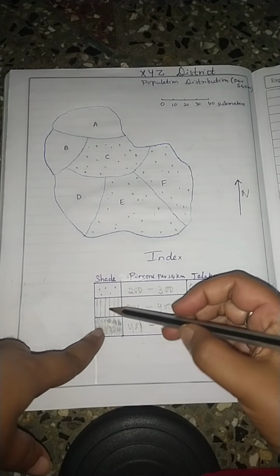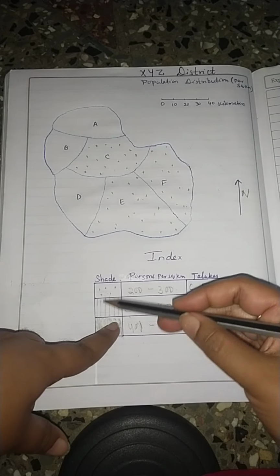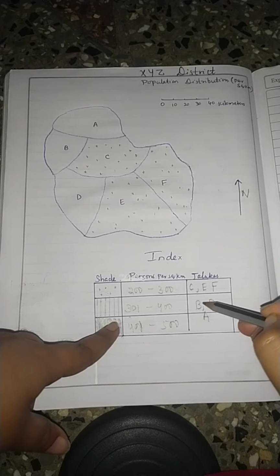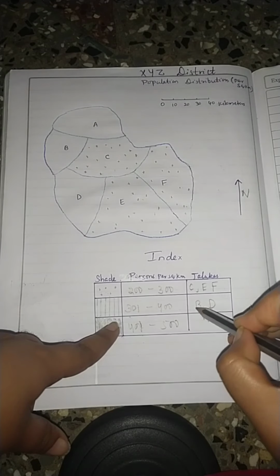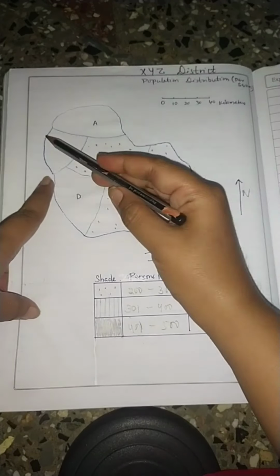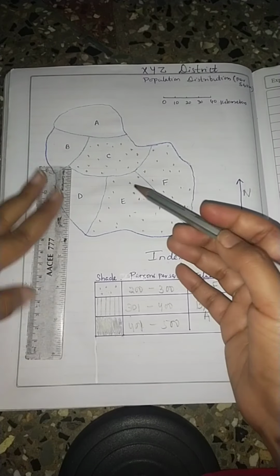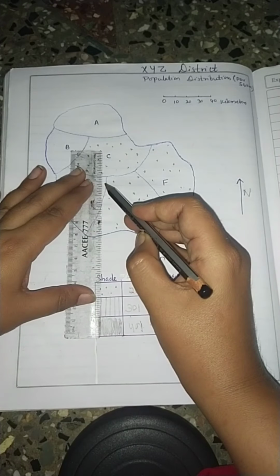Next, the second shading will be lines for 301 to 400, which is found in taluka B and D. So, this is taluka B and this is taluka D. Using a scale, I will just draw the lines. Clear?